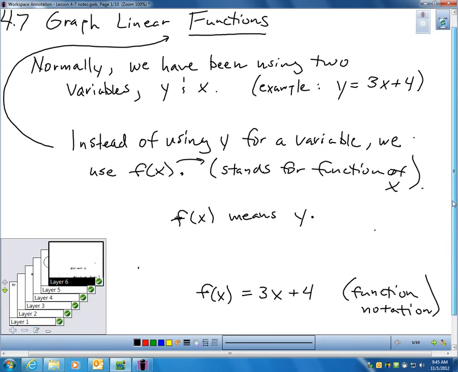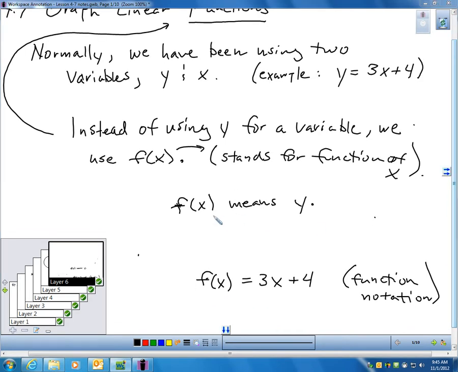A function of x is function notation. f of x means the exact same thing as y. So instead of having y equals 3x plus 4, you could write f of x equals 3x plus 4, and this is called function notation.